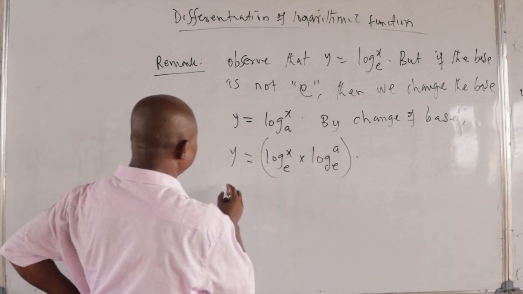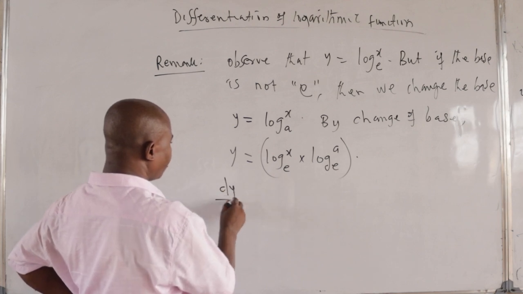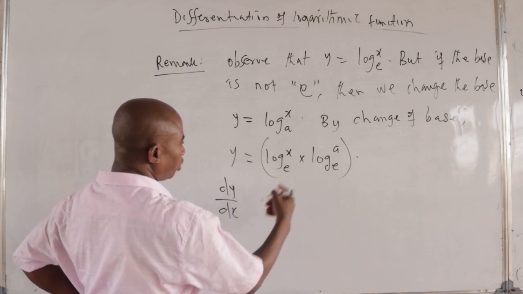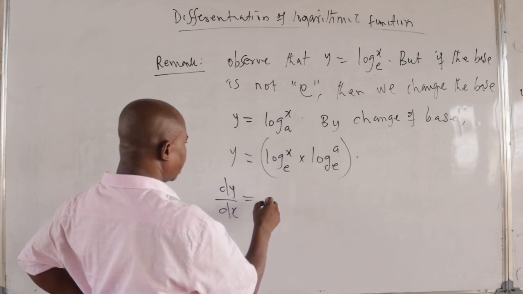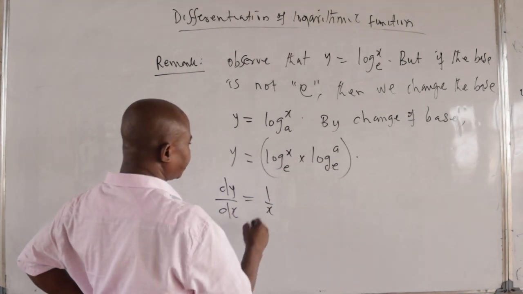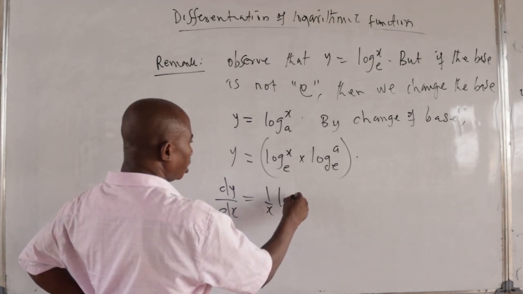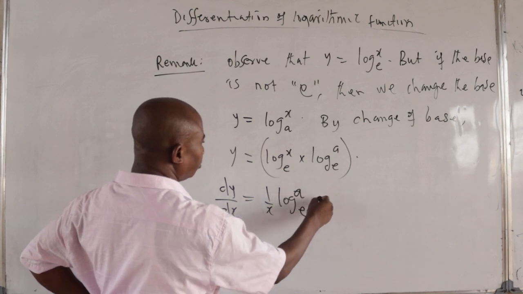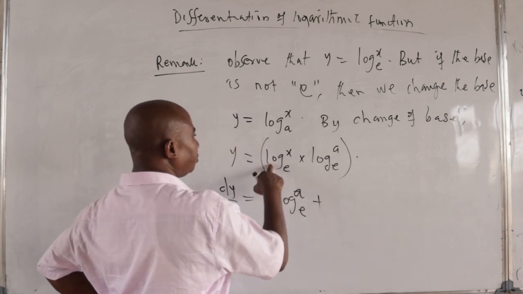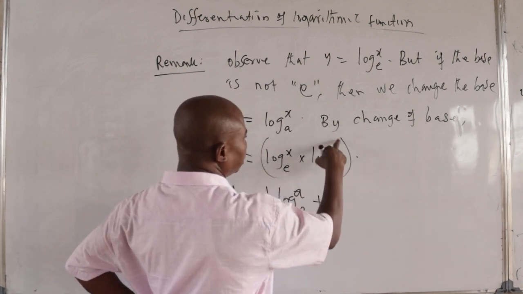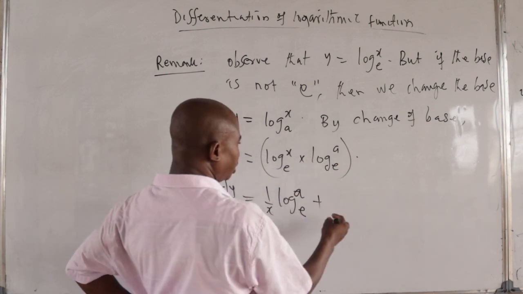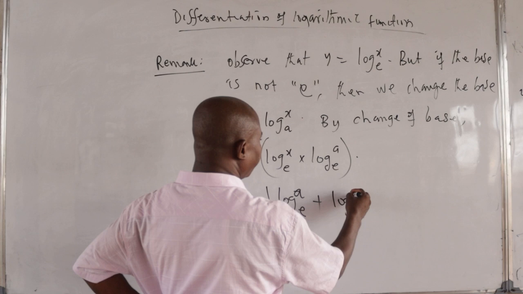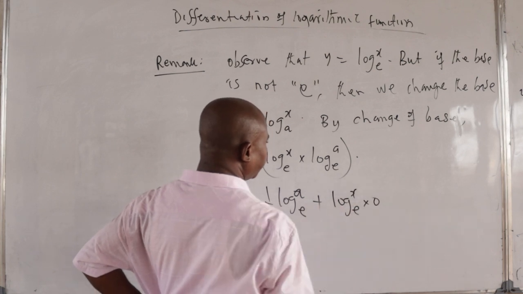And therefore the derivative of y in this case, applying the product rule, becomes: we differentiate this, keeping this constant, and so we have 1 over x log of a to base e, plus we keep this constant and differentiate this, but this is a constant, so the derivative of the constant is 0. So this becomes log of x to base e multiplied by 0.